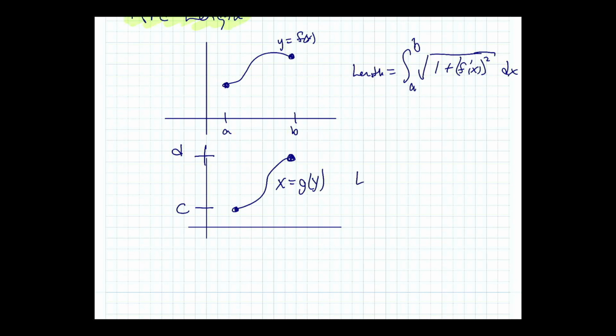But if you have that, then your length would be the integral from c to d of the square root of 1 plus g prime of y squared dy. I'm just writing that because technically you could use either of these for some problems, and some you need to use one or the other. But it should be the first one for you guys, I assume.